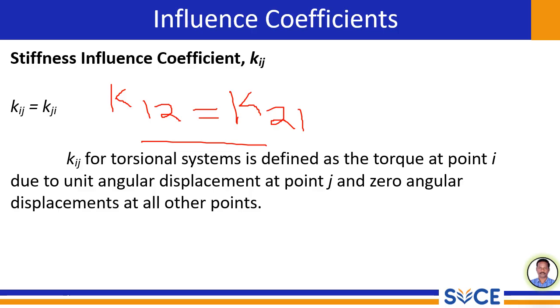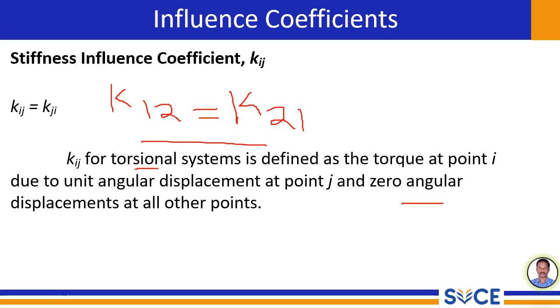Secondly, we need to consider how the concept of stiffness influence coefficient applies to torsional systems. In systems involving rotational motion, we are concerned with torque and angular displacement.